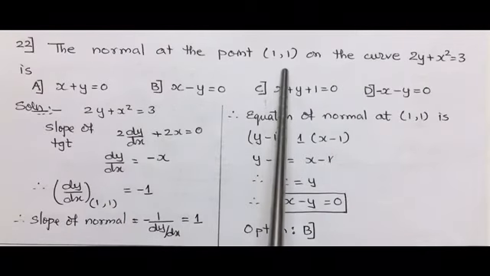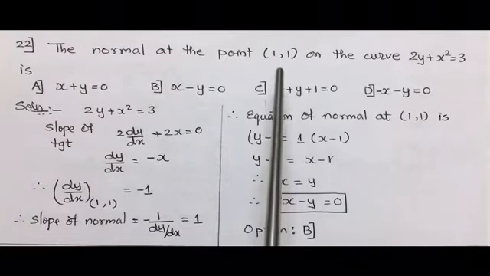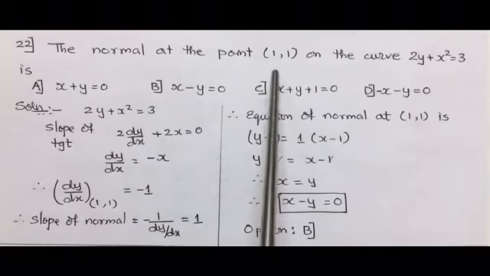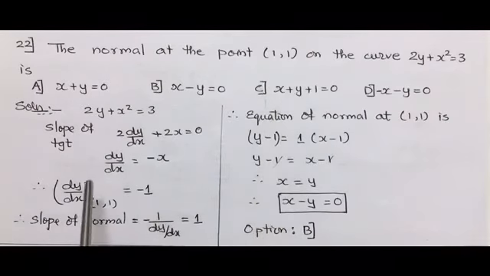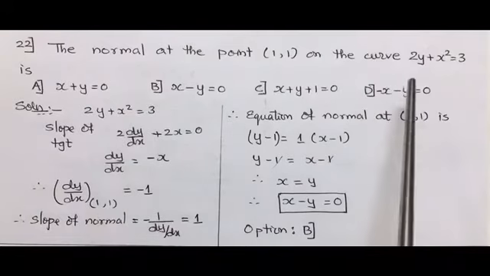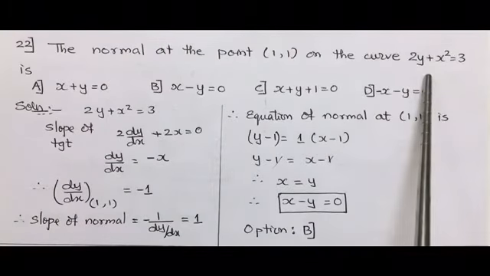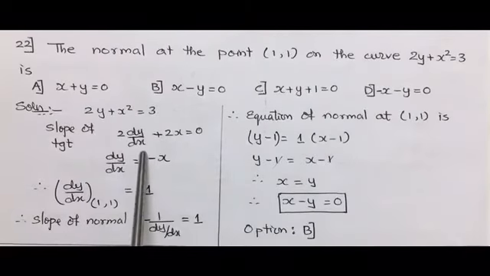So the point is given but the slope is not there. Hence the first part that we need to calculate is the slope of tangent at this point (1, 1). For that, we'll differentiate the equation of the curve with respect to x.